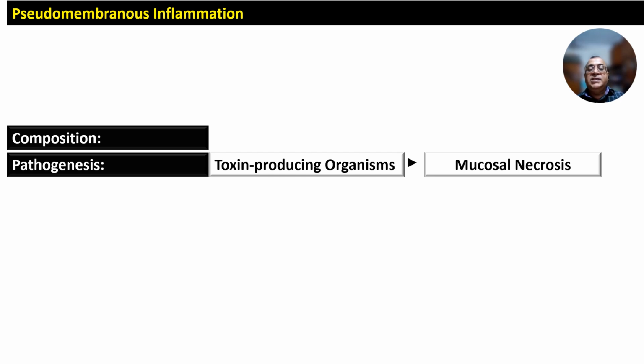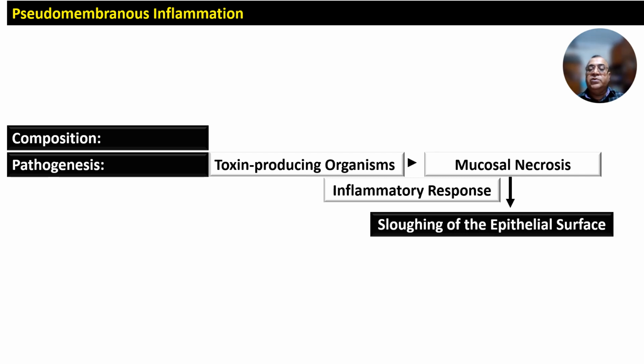So how is it developed? There is production of toxin by some organisms that leads to necrosis of the mucosa, and there is an inflammatory response to this necrosis.